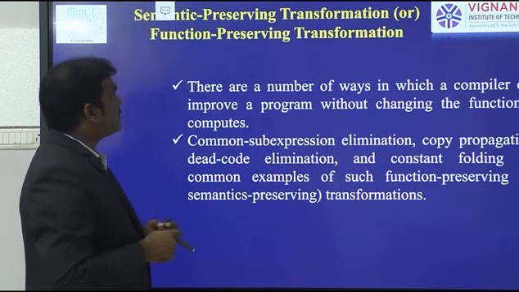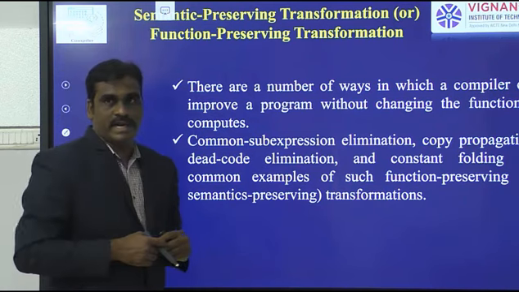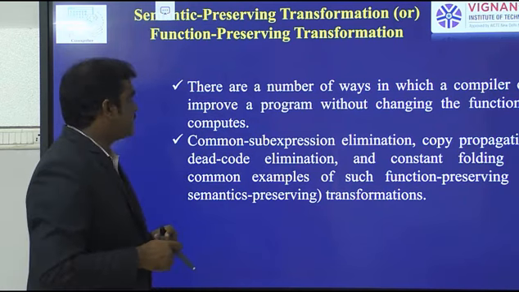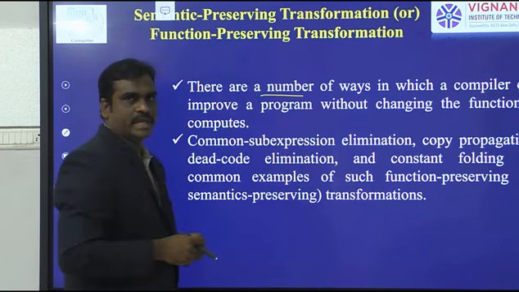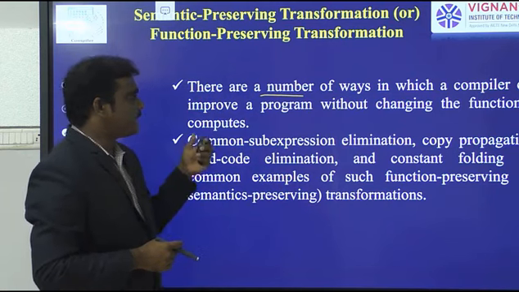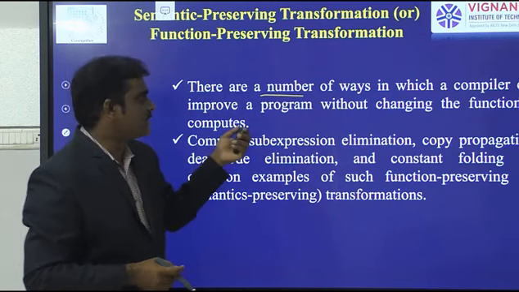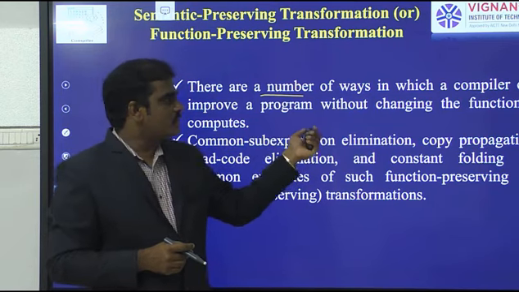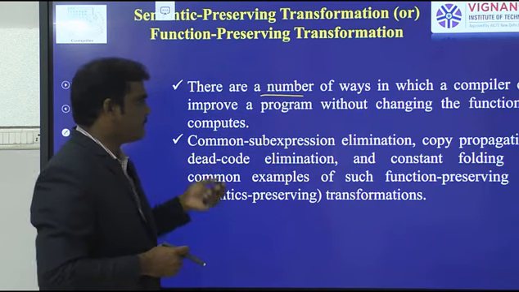So the first one is semantic preserving transformation, or function preserving transformation. In this case, there are a number of ways in which a compiler can improve a program's efficiency without changing the actual meaning, without changing the function it computes.